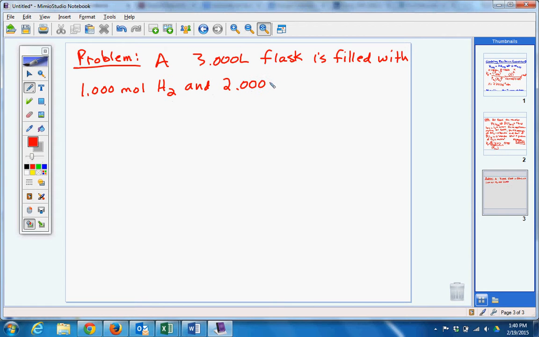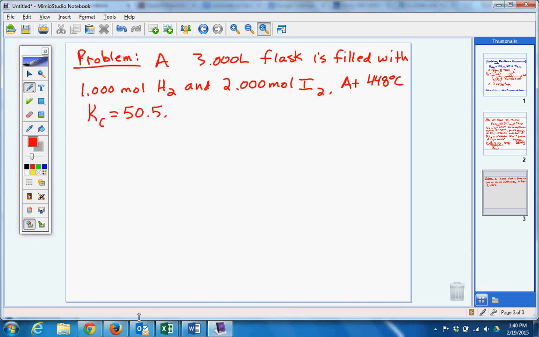All right, so we have those two things. That's going to be at 448 degrees Celsius. Kc equals 50.5.